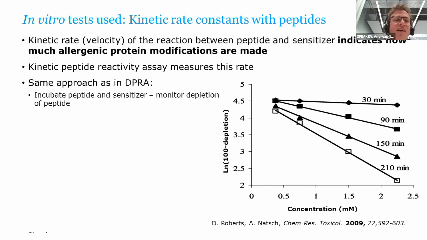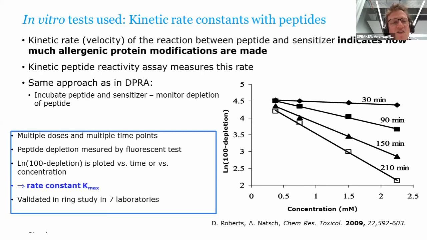With this, we can actually measure a rate constant, and we look at the maximal rate constant at any time, and then compare this rate constant against the potency in vivo. And we validated this recently in a very extended ring study with 7 laboratories. We had a lot of volunteer laboratories because this potency discrimination seemed to be the last key missing link in this field.